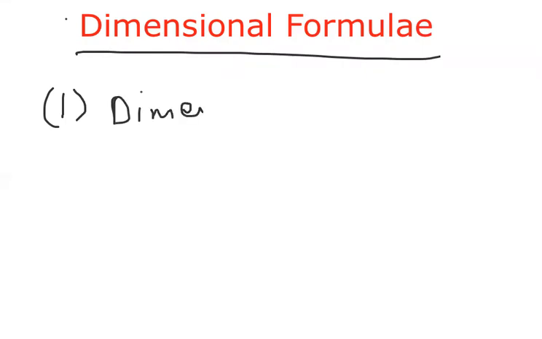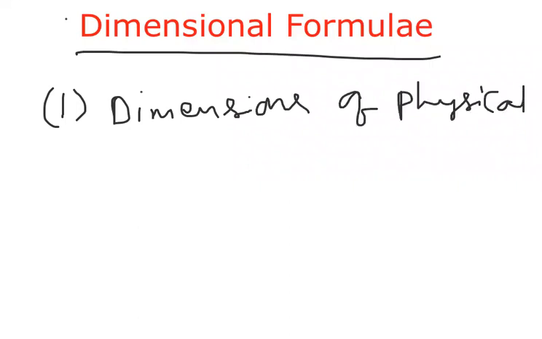Dimensions. Dimensions of physical quantities. What do you mean by dimensions of physical quantities? First we have to know that generally, fundamental quantities are raised to powers. What are fundamental quantities?